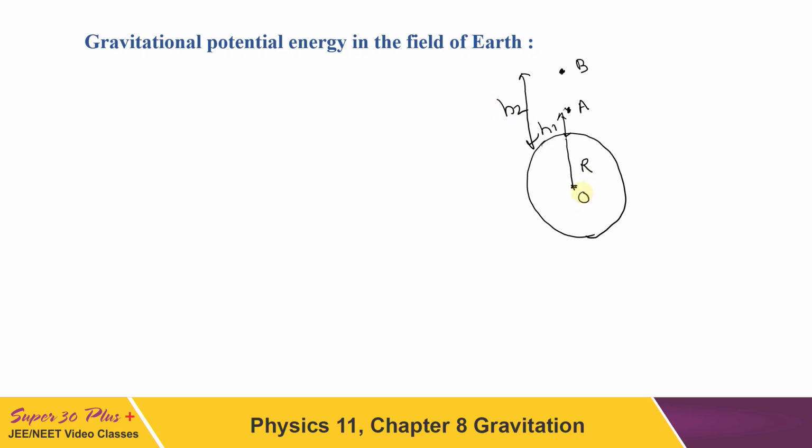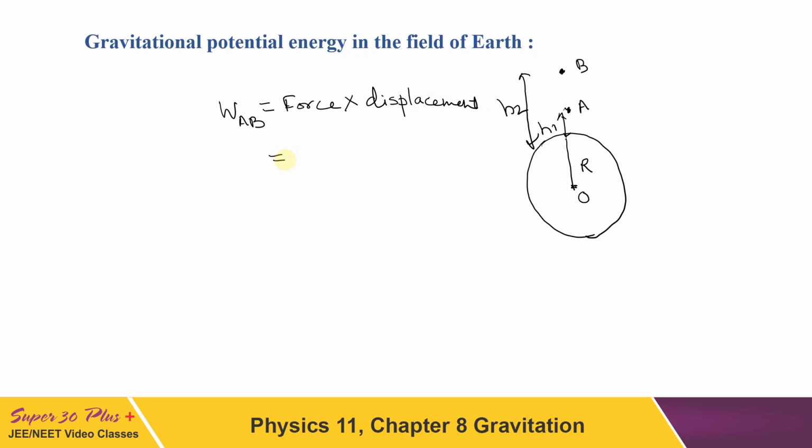Now if we have to find the expression for gravitational potential energy, then we have to write the work done in lifting this point mass from A to B. It will be equal to force multiplied with the displacement.